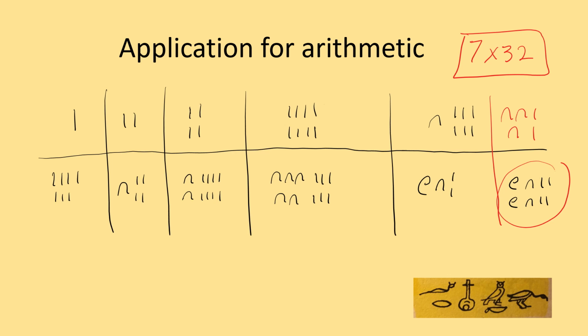And I simply have to align that with the doubles of 7, which is 7, 14, 28, 56, 112, and finally 224. So the product of 7 times 32 is 224.